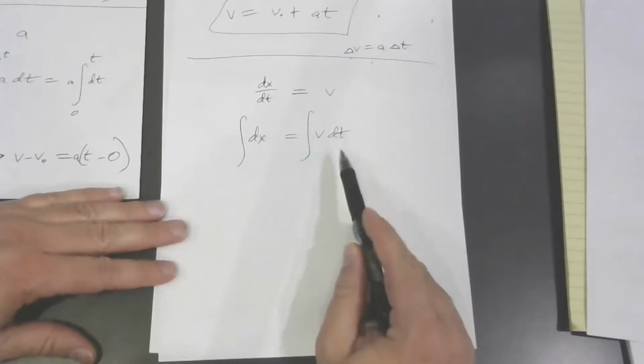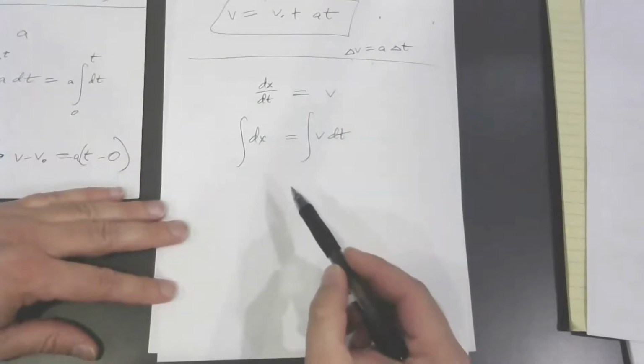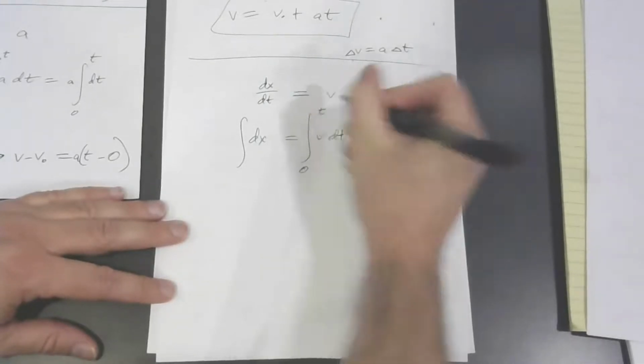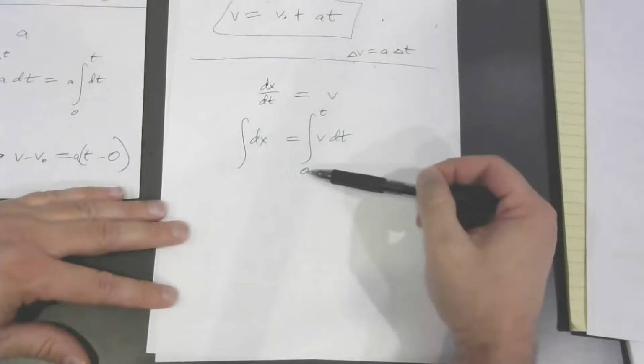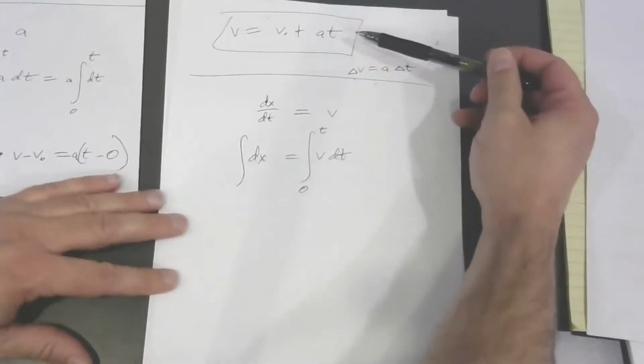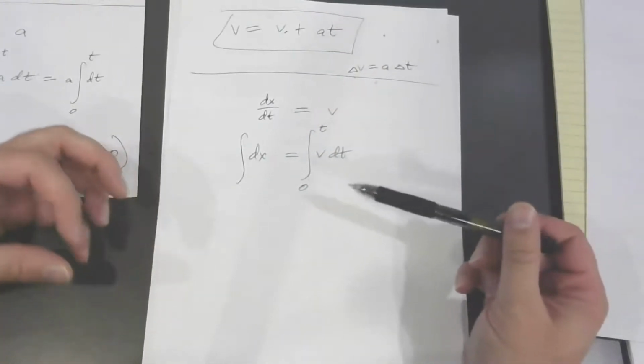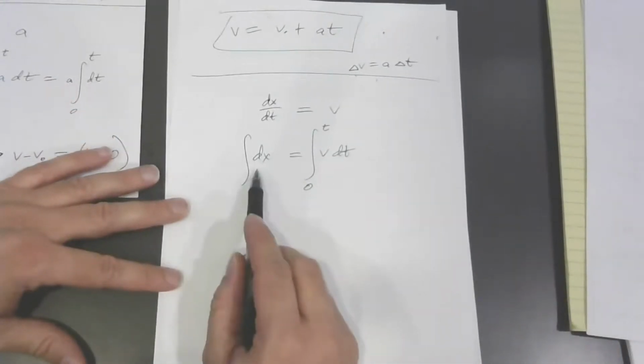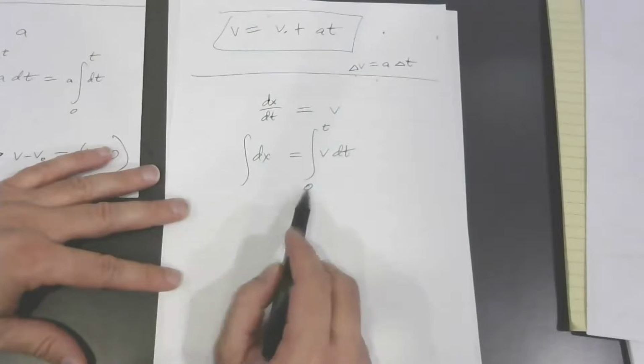Our limits of integration could really be any two times, but let's go with specifically time 0 and a final time t. The reason I'm choosing the limits this way is so that we find an expression like this. Instead of having delta t's running around, we've just got t's. Now, the limits on the position have to match the limits on the time.